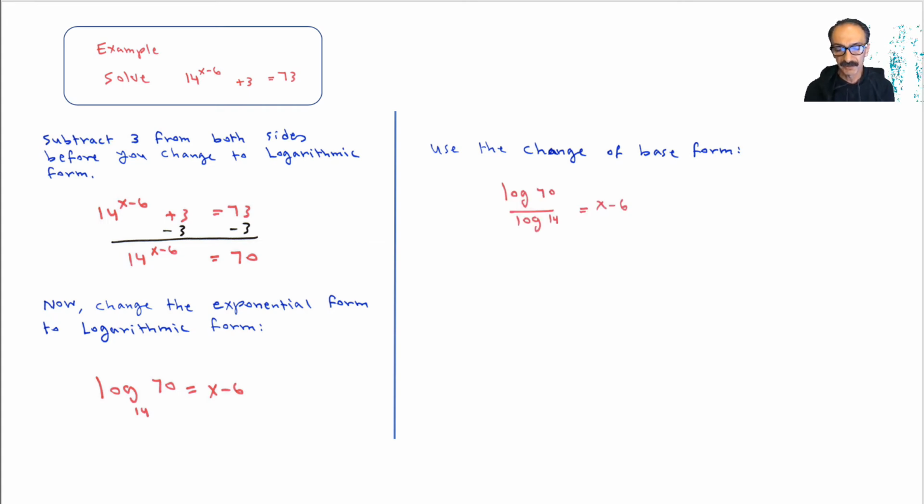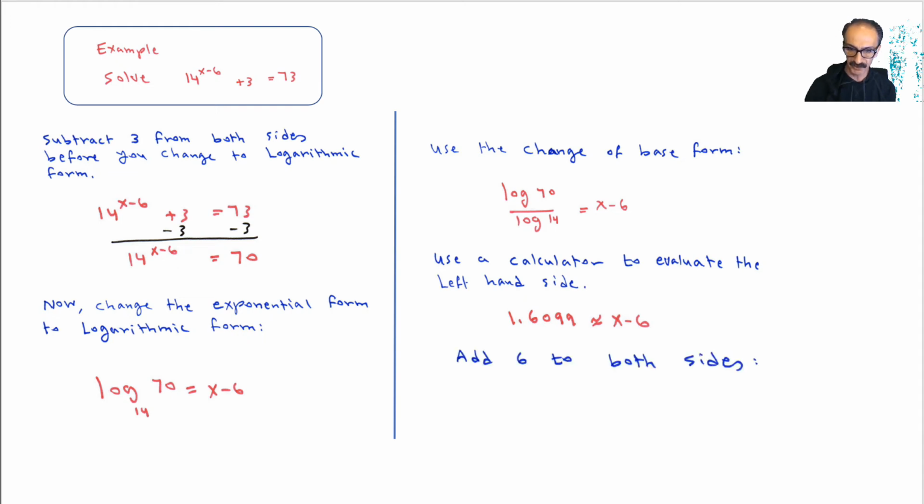Use a calculator on the left. Just type it correctly and practice to see if you do it right. It's approximately 1.6099, and we set this equal to x minus 6.